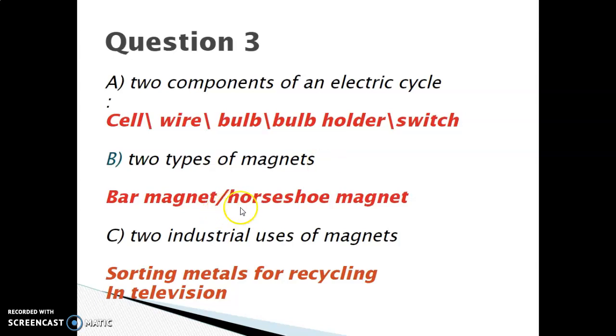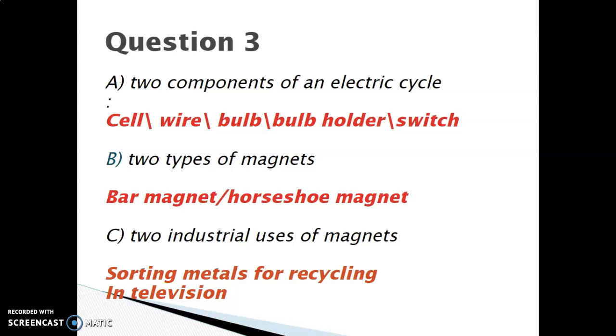Bar magnet, horseshoe magnet. The types of magnets are the cylindrical bar shape and the horseshoe, which we said looks like a horse's shoe. C. Two industrial uses of magnets. You can write sorting metals for recycling.